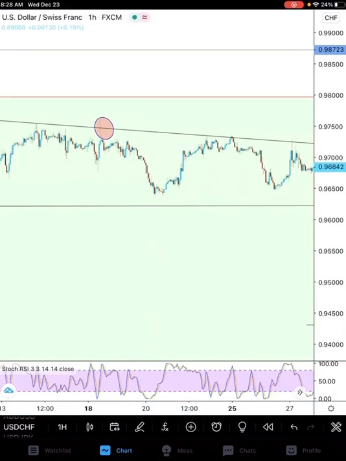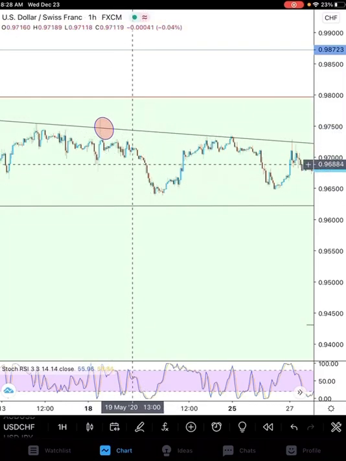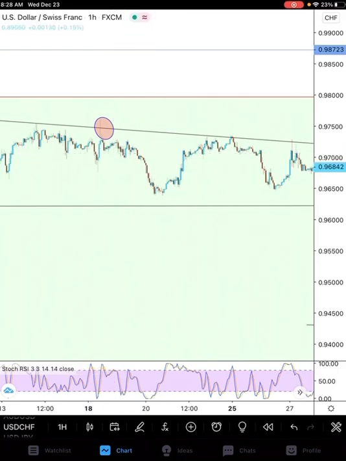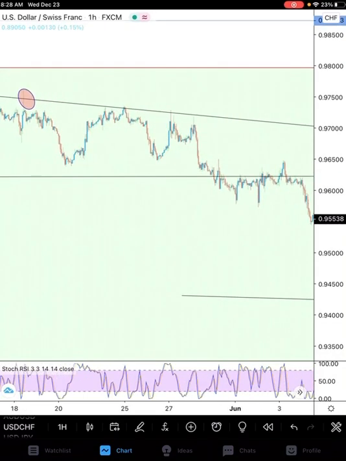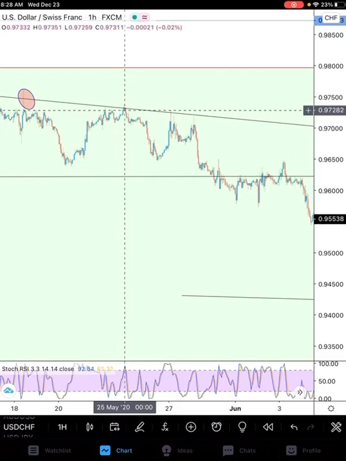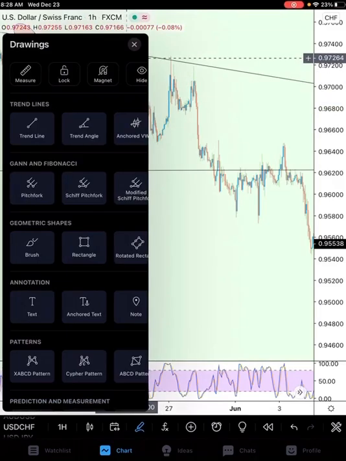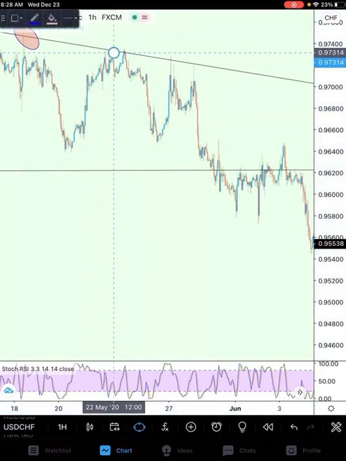Enter, and wait for however many pips you want. Not however many, you probably got like 50 out of there, 40 to 50. Let's see, another example, another opportunity. That is looking like a US session, or London session really. You would have entered, been waiting, 40, 50 pips, got that.